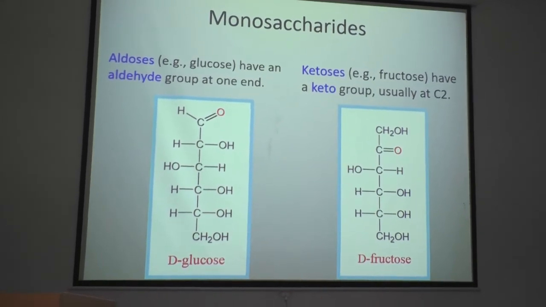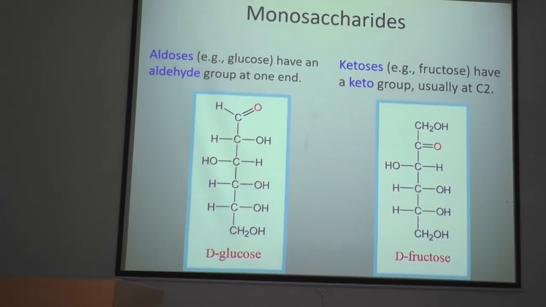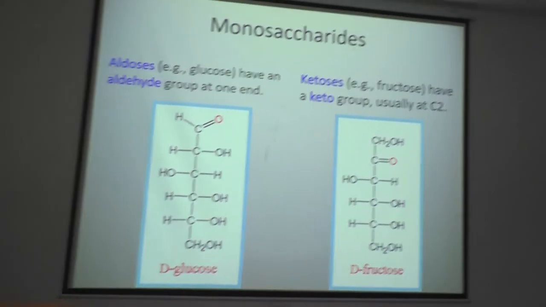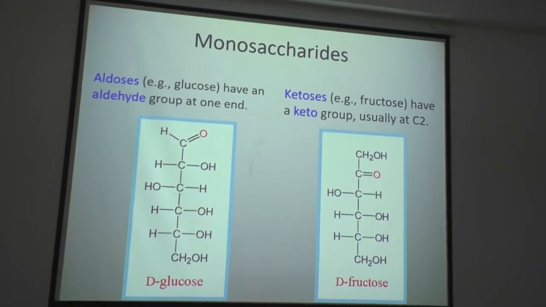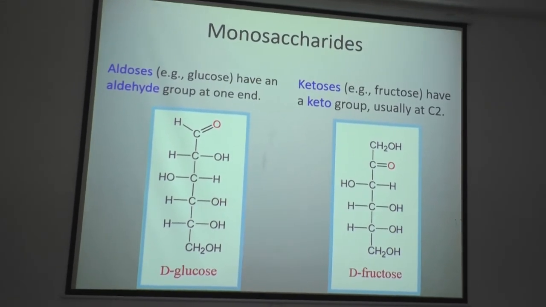An example of this kind of reaction is the osazone reaction. The osazone crystals of glucose and fructose are identical. They are needle shaped.